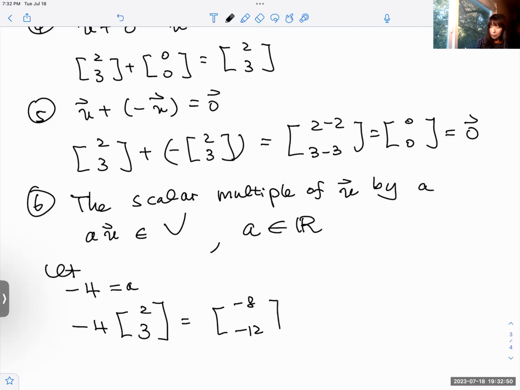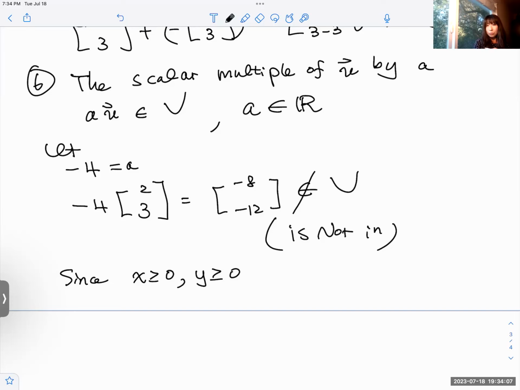So this violates the vector space. It's not in V, since x must be greater than 0 and y must be greater than 0. Make sense? So we don't have to check the rest.